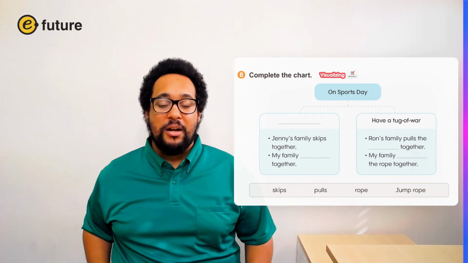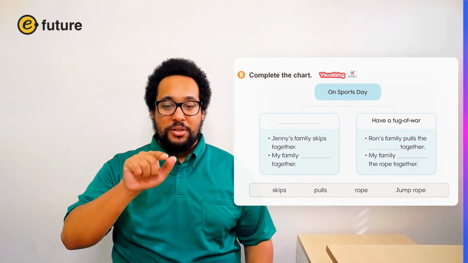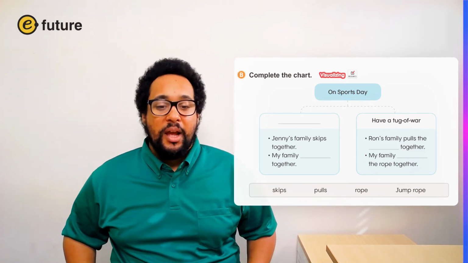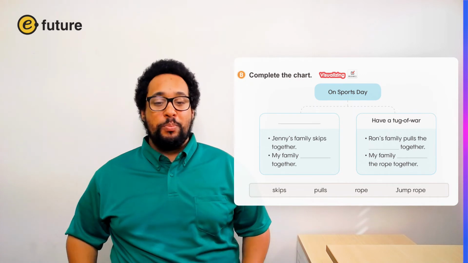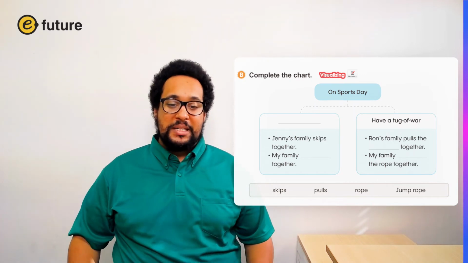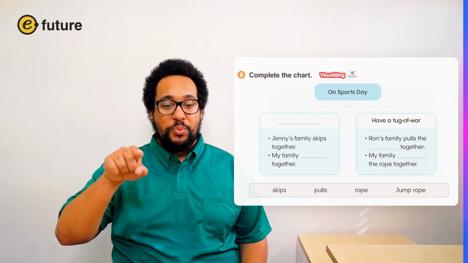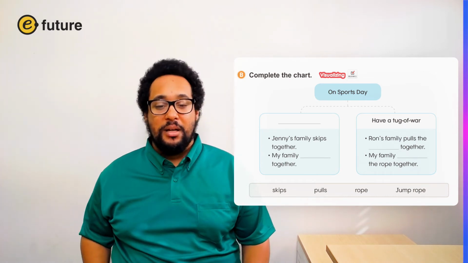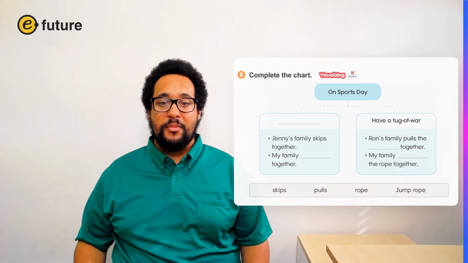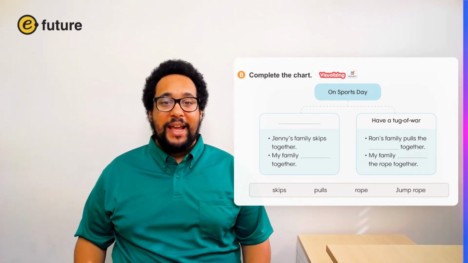You can see them there, and we can count them together. 1, 2, 3, 4. You have also a word bank of 4 words. Let's read them together with our reading fingers. So we have skips, pulls, rope, and jump rope.